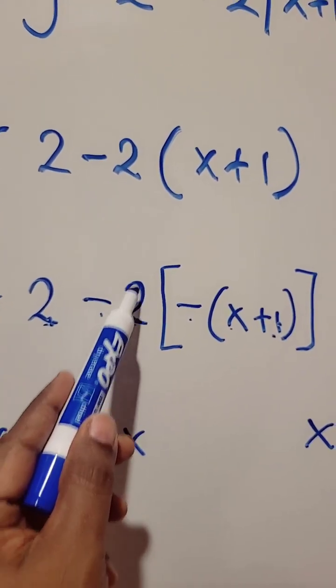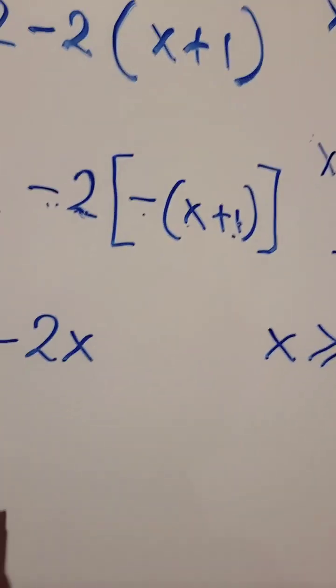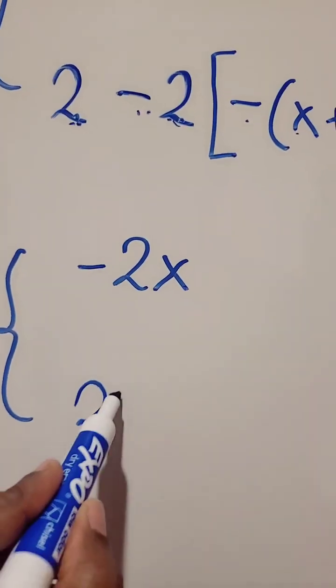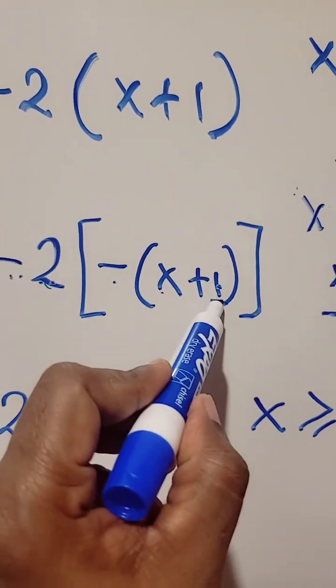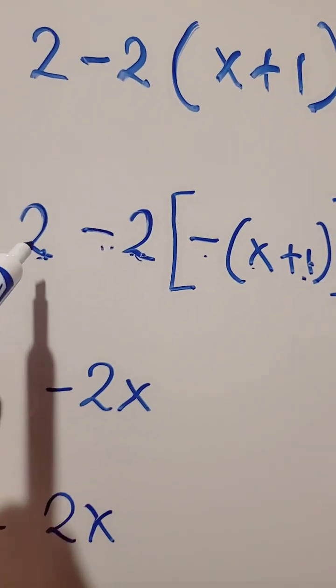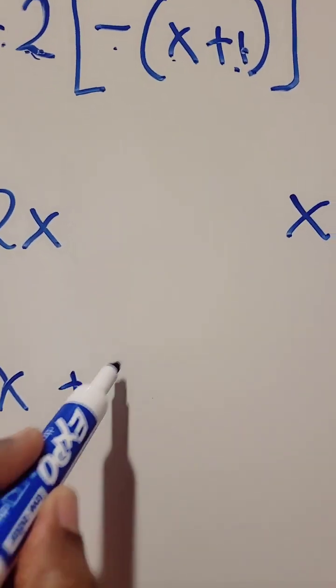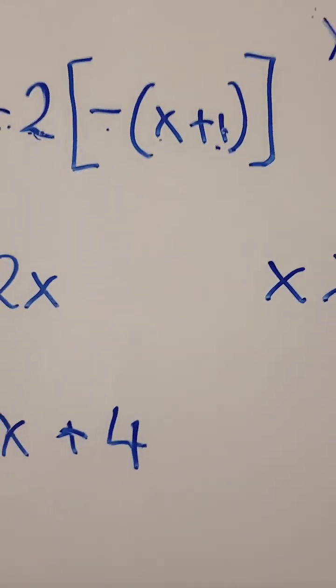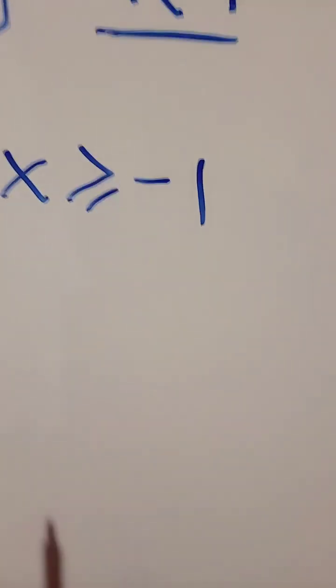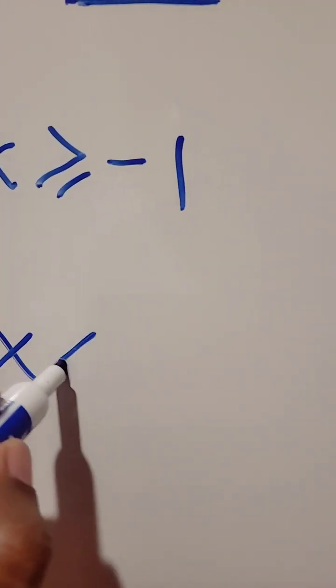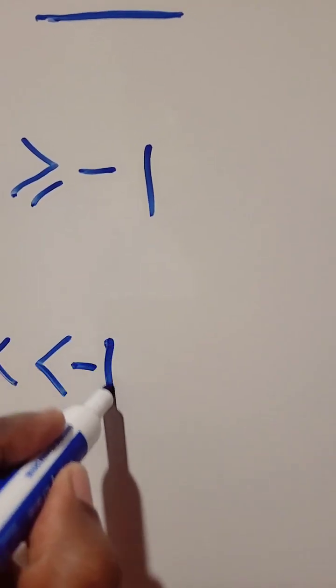So when you multiply this with x, you get 2x. And then there's a 2 here, which is a plus 2, and another plus 2, that's plus 4. And then the condition is x less than minus 1.